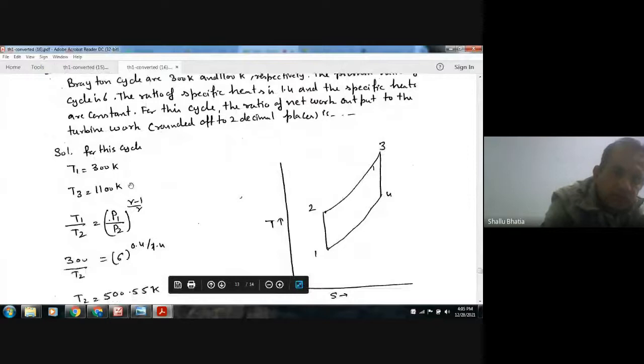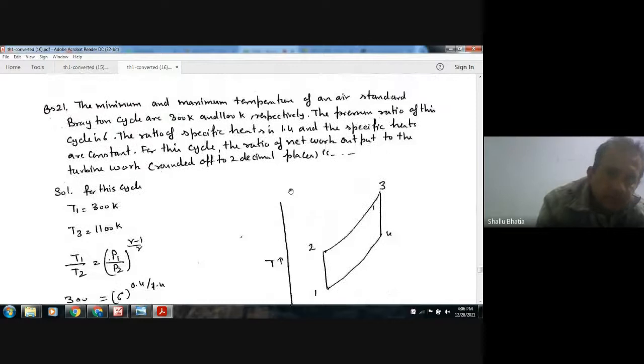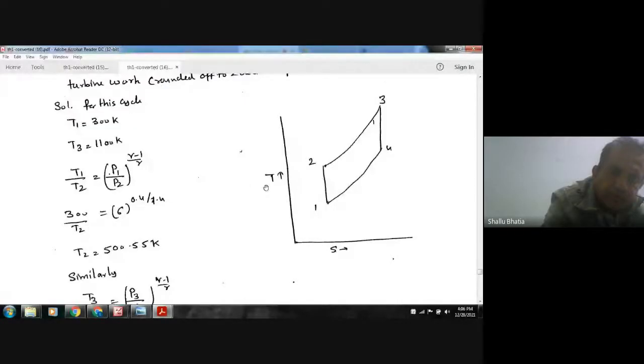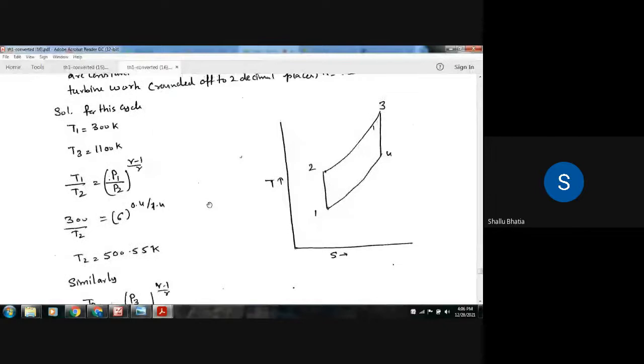That is, T3 is the maximum temperature, 1100, and T1 is the minimum temperature, 300. The pressure ratio is 6, so P2 by P1, or P3 by P4, is 6.